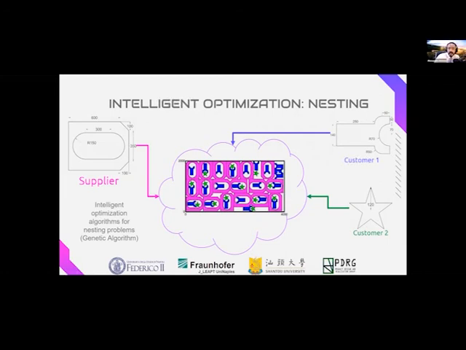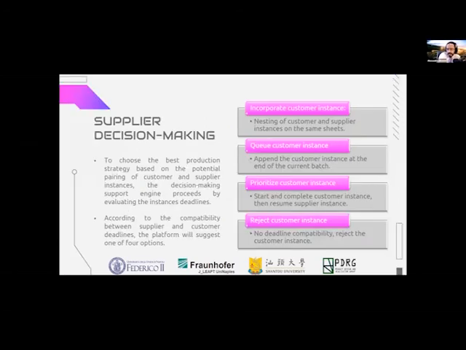We can see here a typical configuration resulting from the matching, from the nesting procedure. In this way, it's possible to utilize material as much as possible. Of course, different matches will result in different possibilities of pairings.